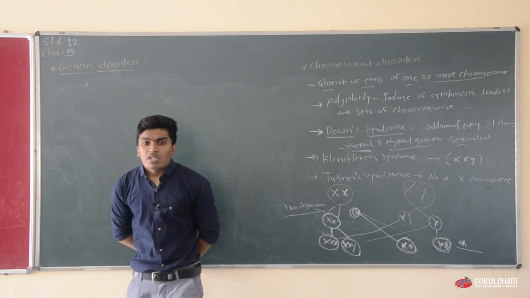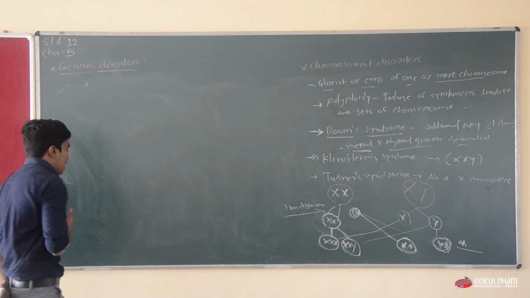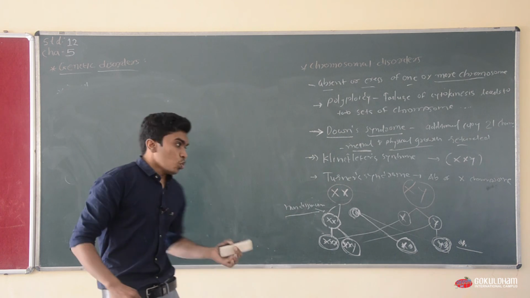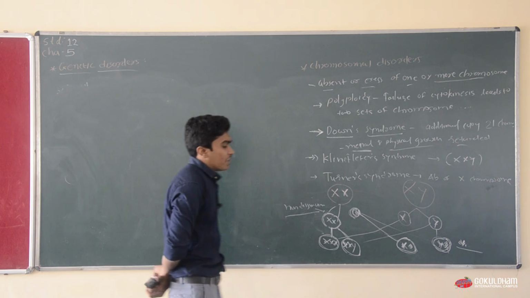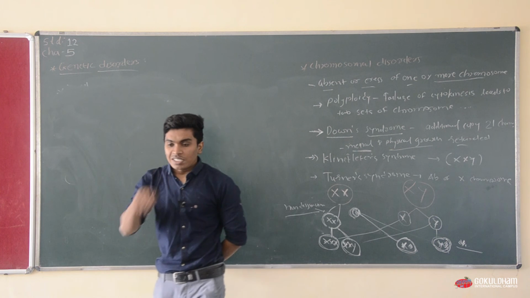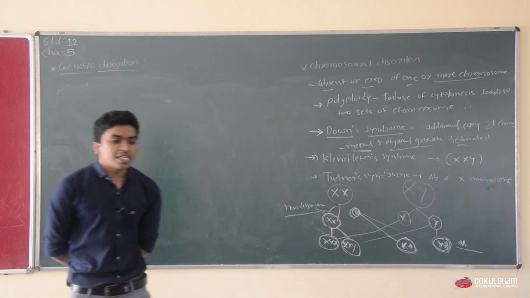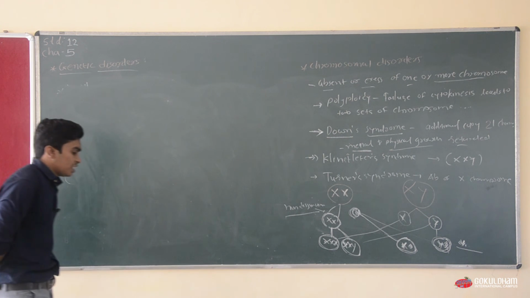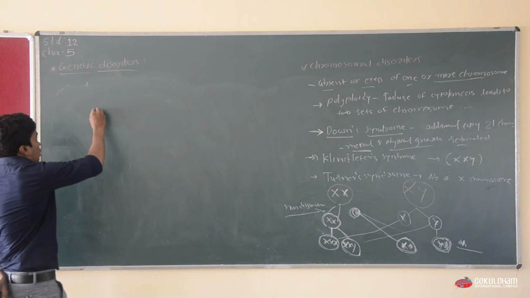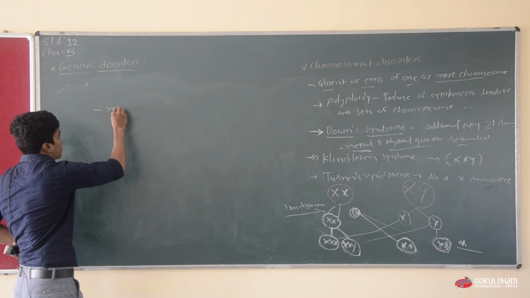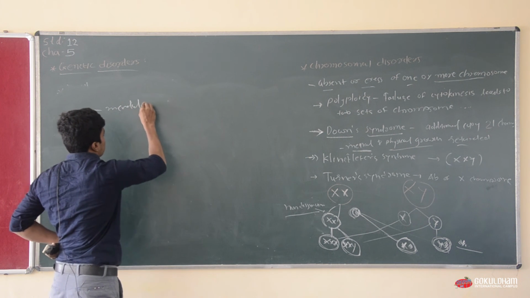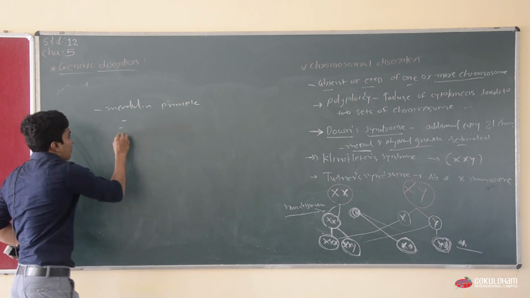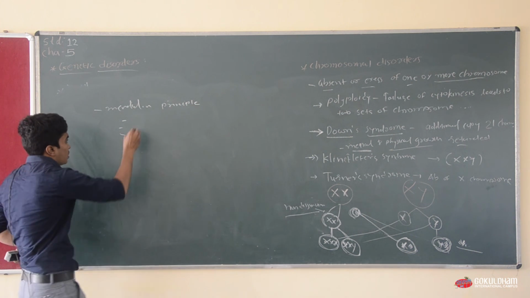So this is Mendelian disorders, and these are the chromosomal disorders. So here we completed our 5th chapter. The name of the chapter is Principles of Inheritance and Variation, in which we first discussed Mendelian principles, in which we discussed 3 principles.